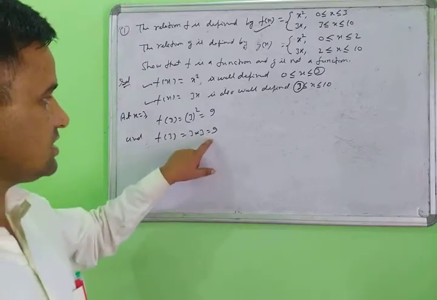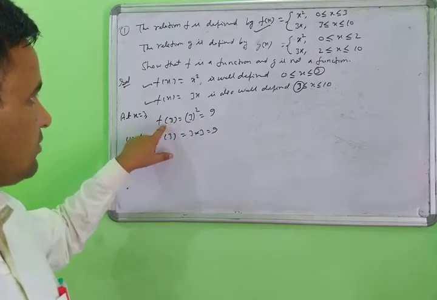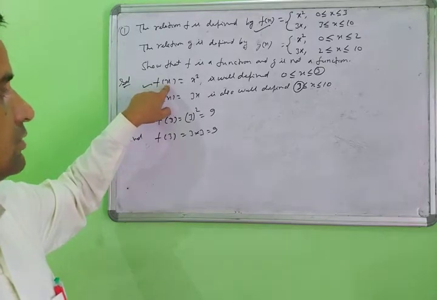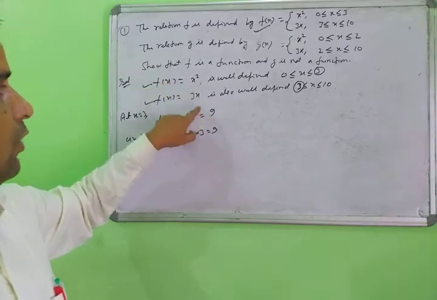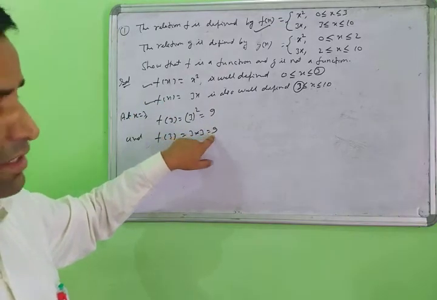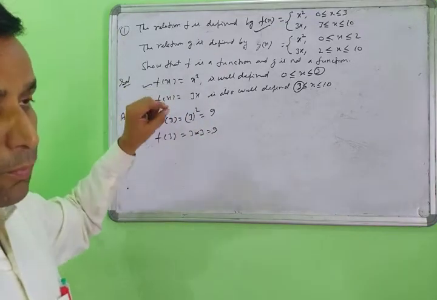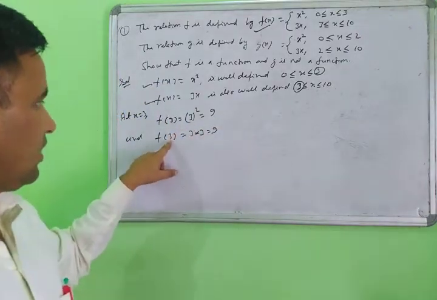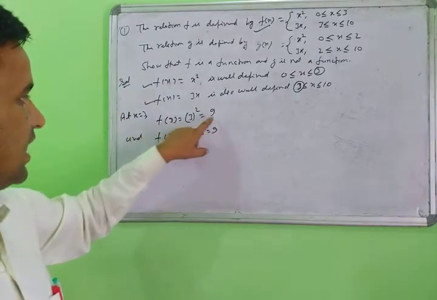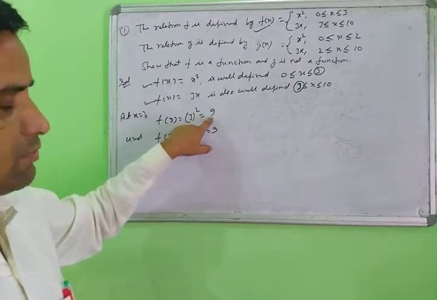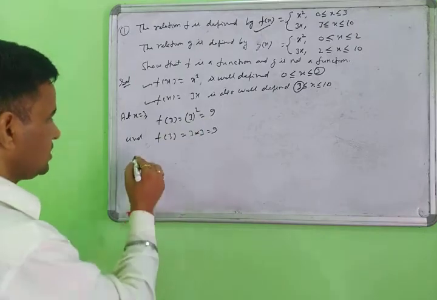It means if you use 3 in this function, what is its image? 9. When you use this 3 in the other function, what is its image? 9. It means 3 has a particular image, 9.